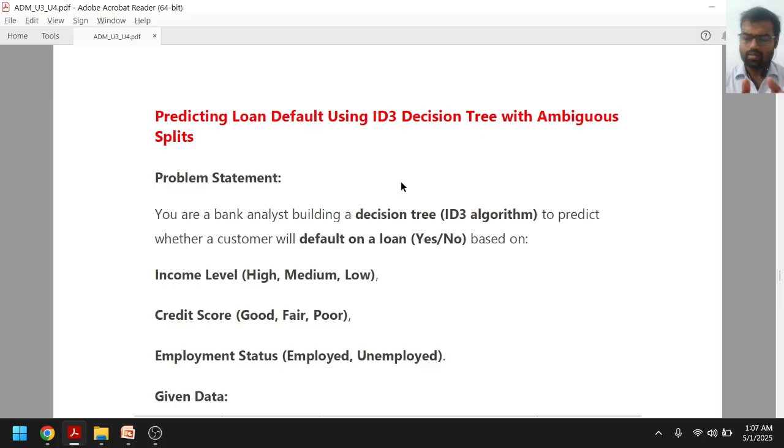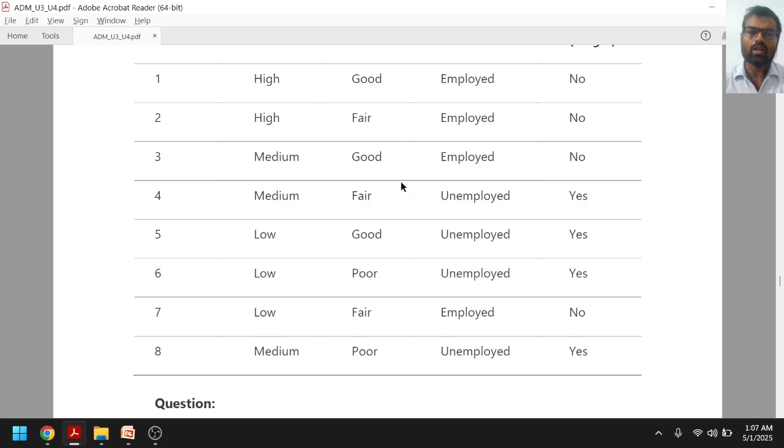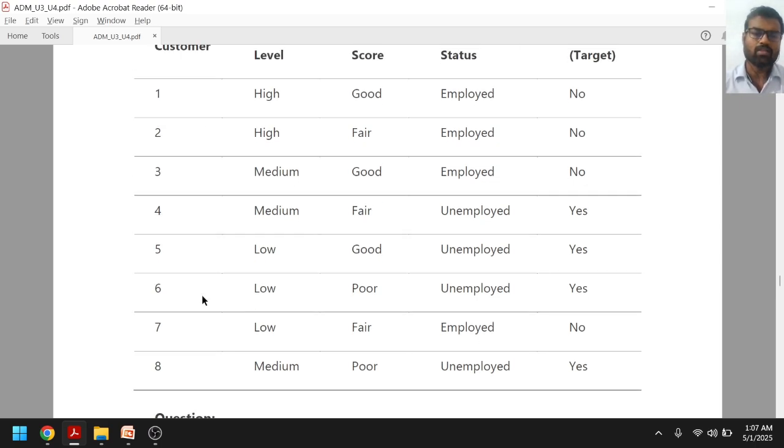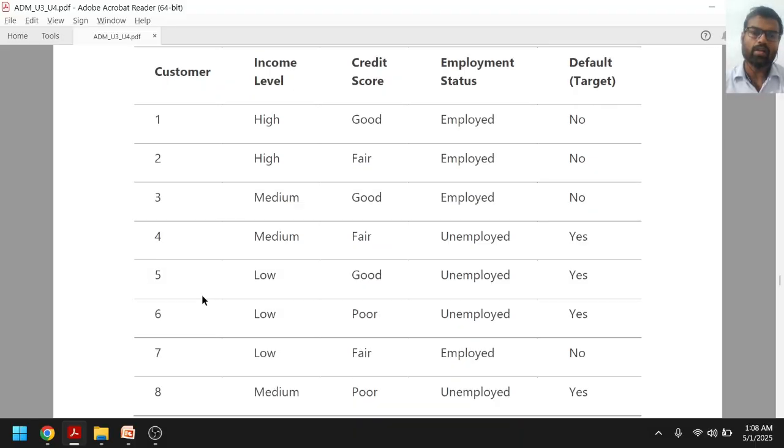So for decision trees we are looking at two versions. The first version is ID3. What do we mean by the ID3 algorithm of a decision tree? We have a problem and we are given a data set. There are customer IDs, 8 records, 8 members. What is their income level: high, medium, low?